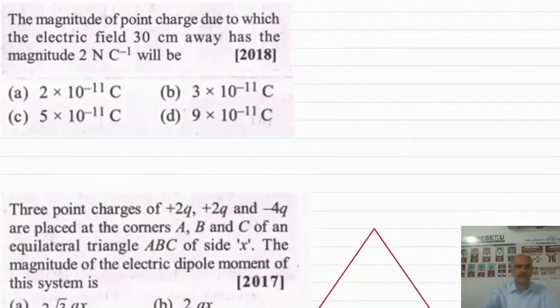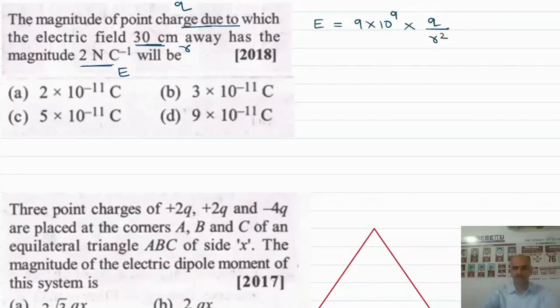Second, if I take, it is simple. The magnitude of a point charge due to which electric field at 30 cm away has a magnitude of 2 Newton per coulomb will be. E is given, R is given, you are required to find Q. So if I take the formula of E is equal to 1 by 4 pi epsilon naught, I will take it as 9 into 10 raised to 9 into Q divided by R square.